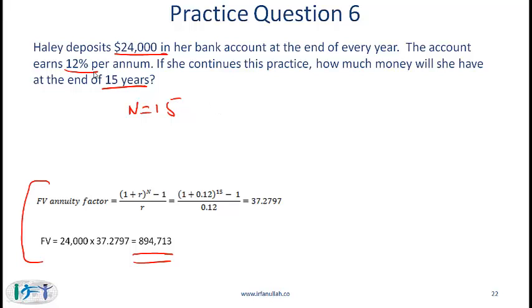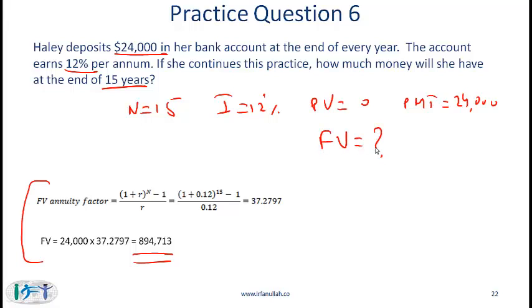We are told that the interest rate is 12%. So I is equal to 12%. The present value is 0 because nothing is being invested at time 0. The payments are equal to 24,000, and then we compute the future value. When you do this computation, what you should get is 894,713.